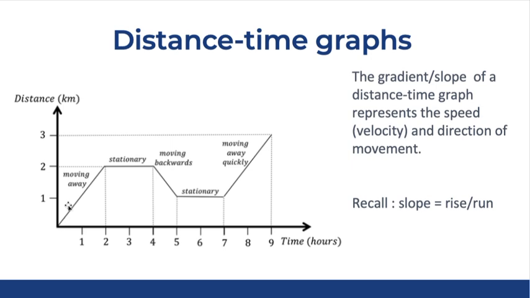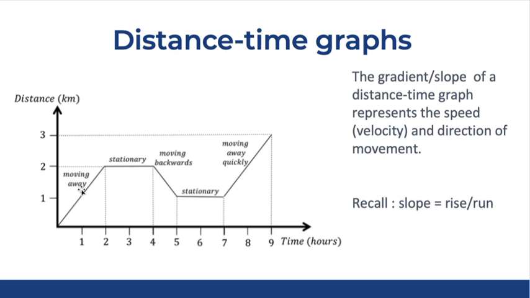Now this is the start of your starting point. If you are going away from your starting point, you would represent it with a line that is going upwards. It depends on your speed, based on the steepness of the line, whether your speed is higher or lower.